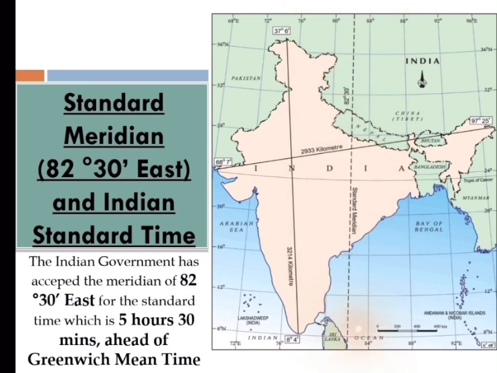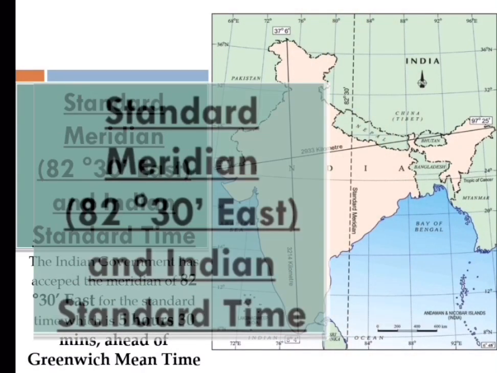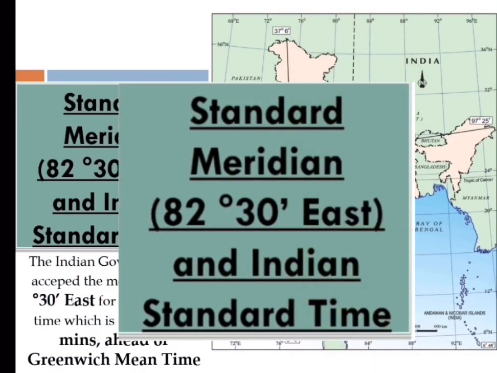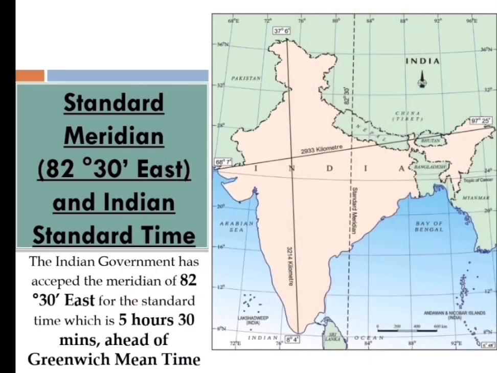A line that is passing through the center of India, like we have the Tropic of Cancer as the middle latitude, we have the central longitude as the standard meridian, which is 82 degrees 30 minutes east, passing through the central part of India in the state of Uttar Pradesh and from the district Mirzapur.